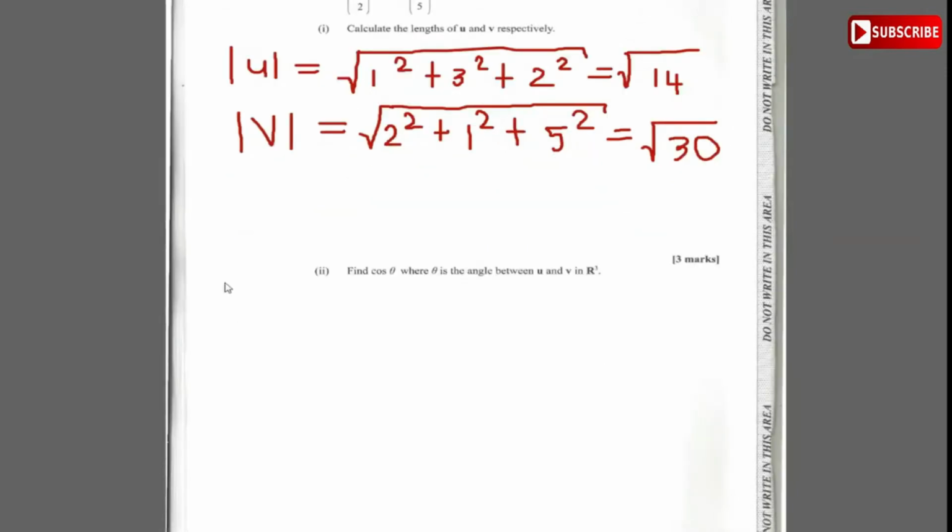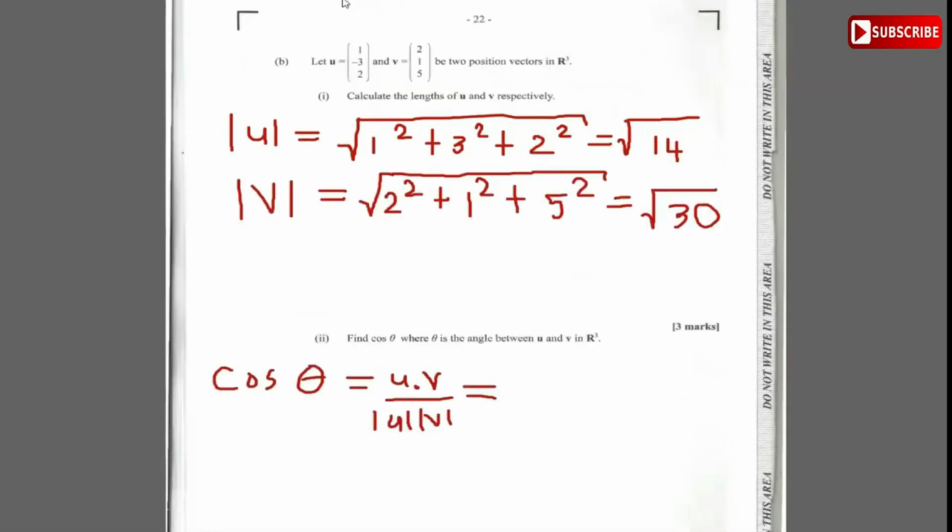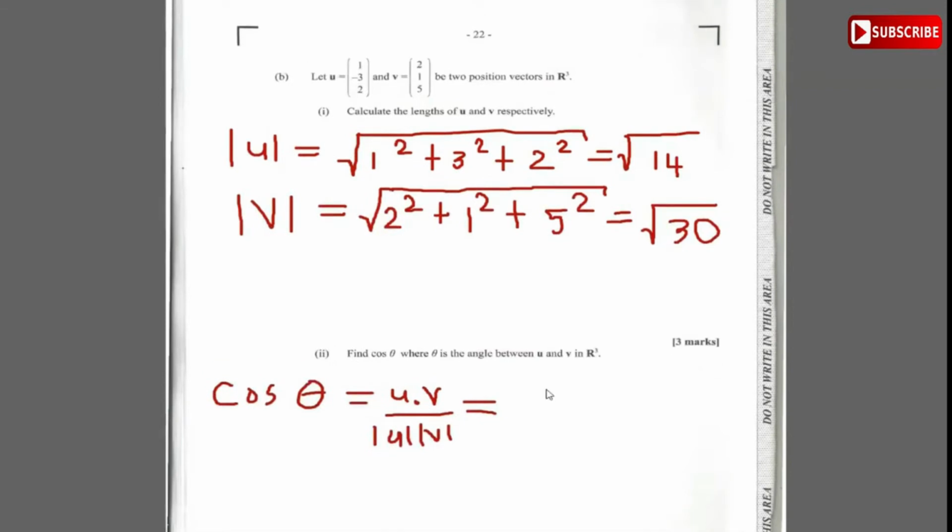Now, to write down the formula, cos theta is equal to u dot v over the length of u times the length of v. Let's look at u dot v.